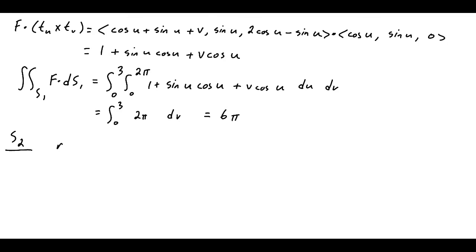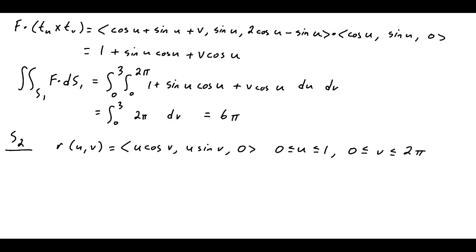So let's see, r(u, v) is equal to ⟨u cos v, u sin v, 0⟩, where 0 ≤ u ≤ 1 and 0 ≤ v ≤ 2π.